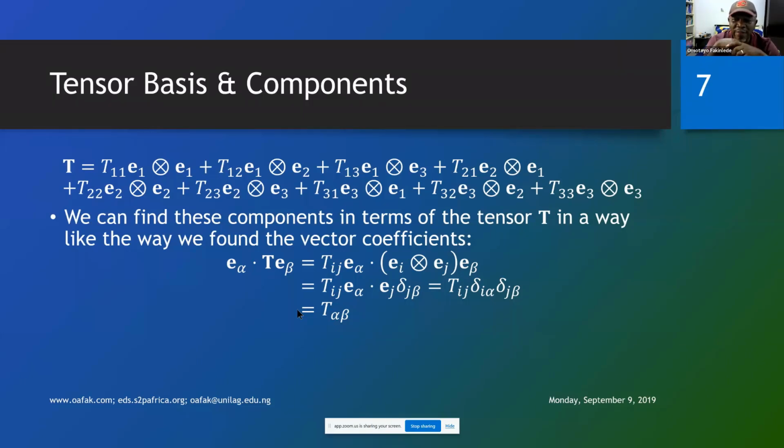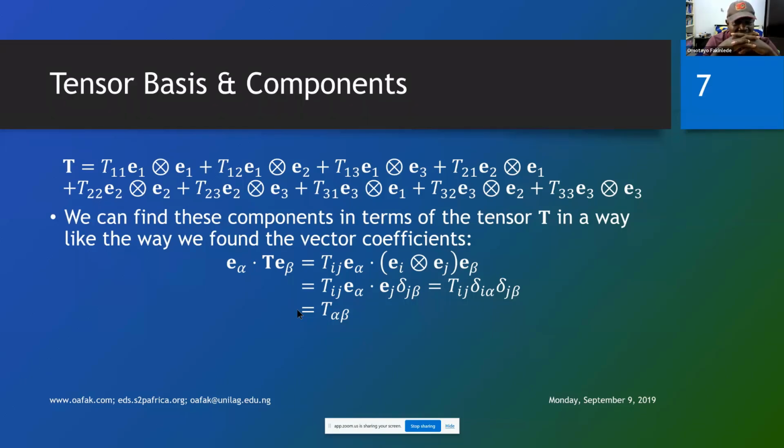So, unlike vectors where you have 3 components, there are 9 components when you expand a tensor on its basis, because there are 9 possible ways of doing a dyad pairwise on the orthonormal basis.